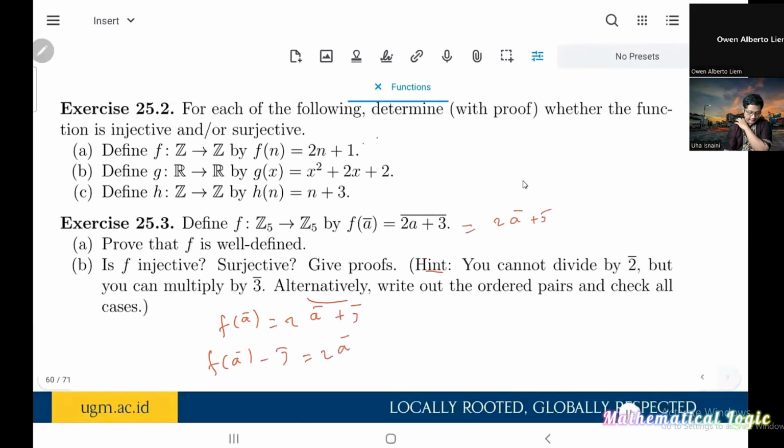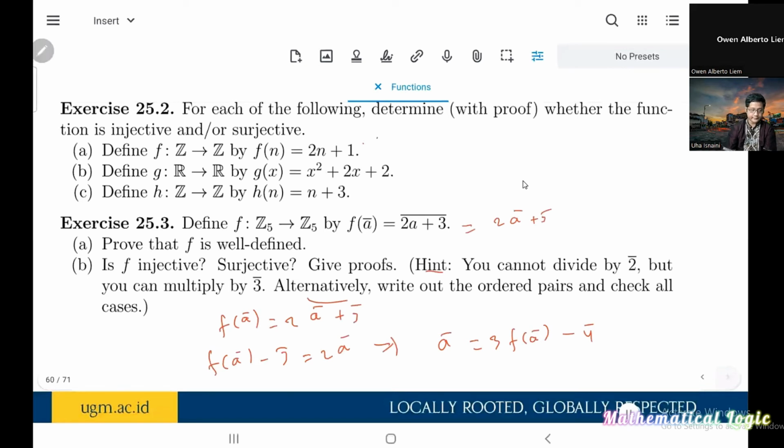And from here, if you multiply by 3, 2 times 3 is equal to 6, and 6 is equal to 1. So we multiply with 3 here: 3 f of a bar minus 3 times 3 is 9, so we have a 4, right? So we already found the inverse. So it should be injective and surjective.